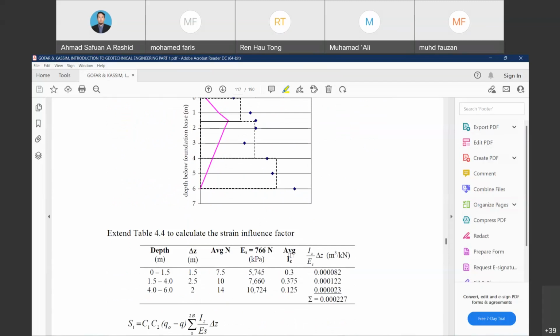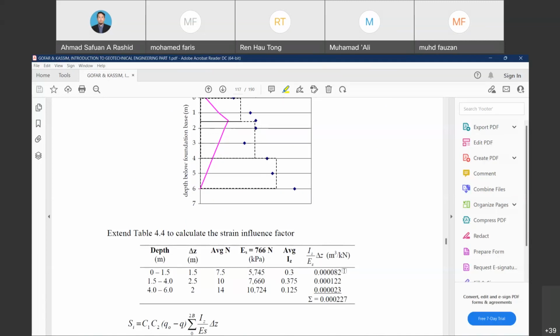The average of Iz follows the same procedure: 0.5 plus 0.1 divided by 2 will become 0.3. Based on this equation, the value is 0.000082. That's why it is easier if you divide into 2.